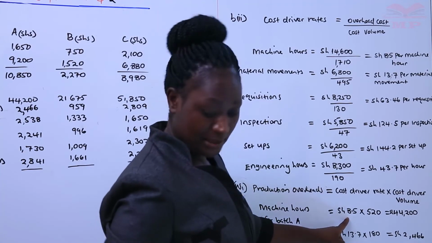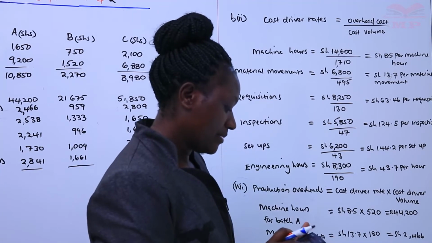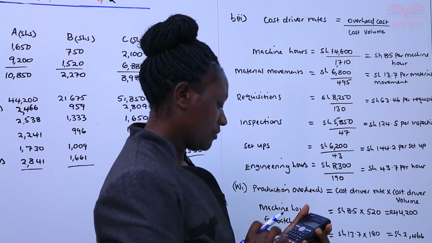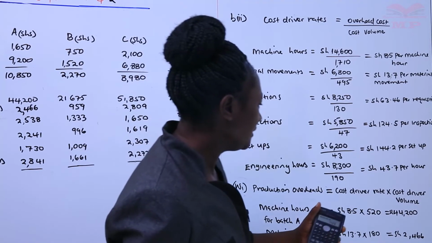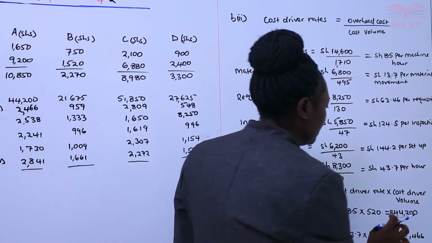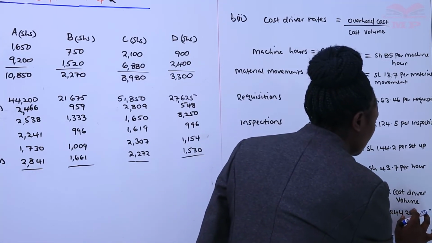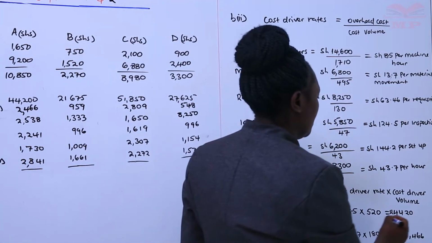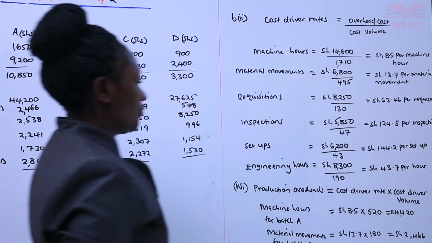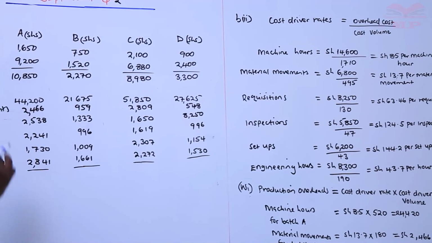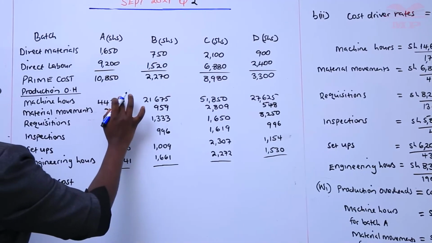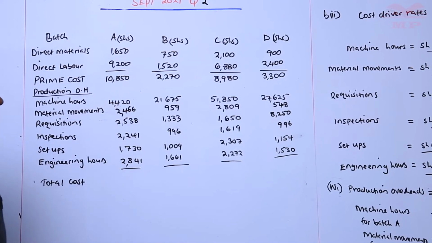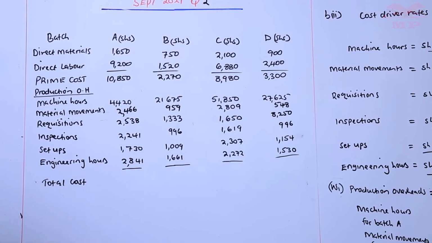So when you take 8.5 multiplied by 520, you will be able to get 4,420. So remove one 0, it should just be 4,420 and not 44,200 as we had written earlier.